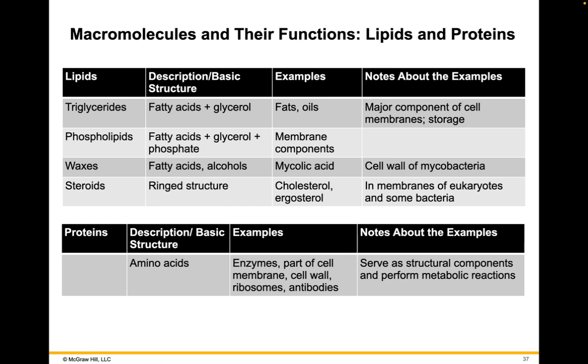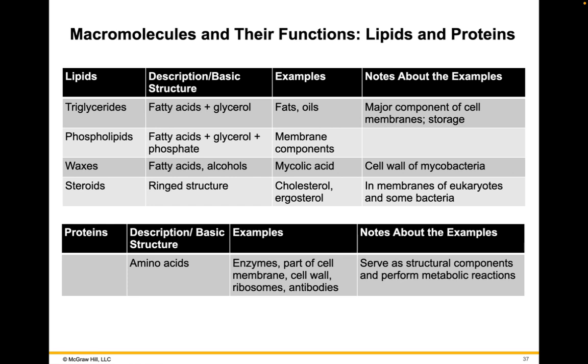But proteins are made of amino acids, and they can be enzymes. We're going to see protein molecules in the membrane, like receptors and other enzymes like G proteins. Proteins are going to be found in cell walls. Ribosomes are made of RNA and protein, and antibodies, as I mentioned, are huge proteins.